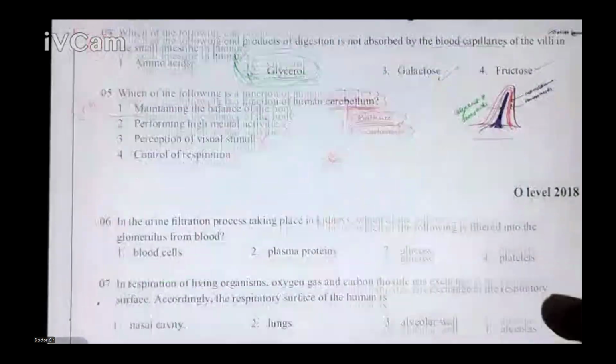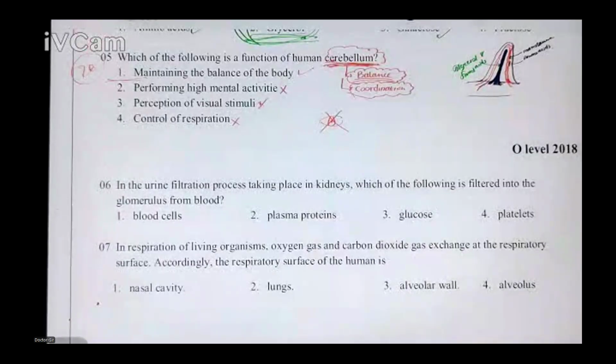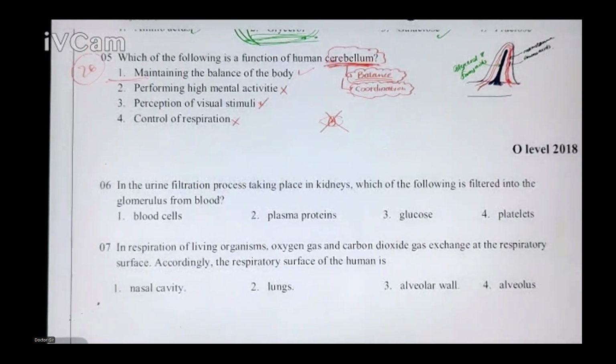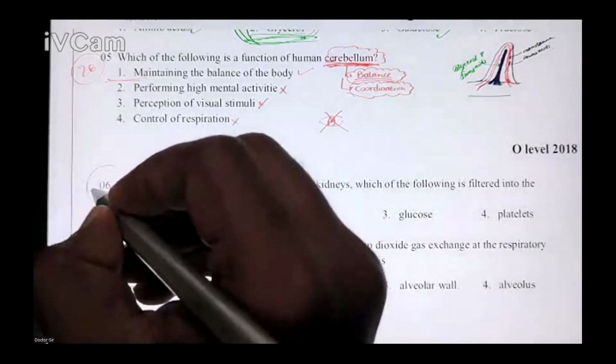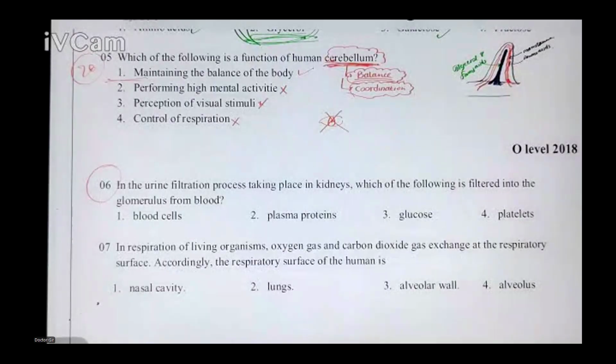Now we come to the 2018 questions. I will give you the numbers, then you have to find out the answers. I will give you a few minutes. This is question number 6. This number is already corrected. 2018 question number 6.